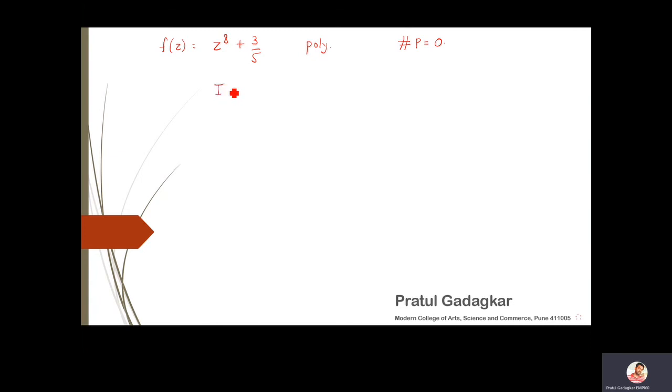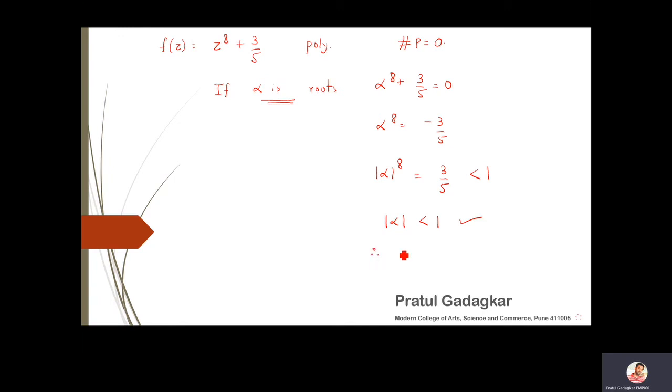So if alpha is the root, this means alpha raised to 8 plus 3 by 5 will be certainly equal to 0. This means alpha raised to 8 is equal to minus 3 by 5. When I take the magnitudes, I will get mod of alpha raised to 8 is equal to 3 by 5, which is less than 1. So this means that mod of alpha is certainly less than 1. But alpha is any root of this polynomial, and we got that this alpha has to be a complex number with magnitude less than 1.